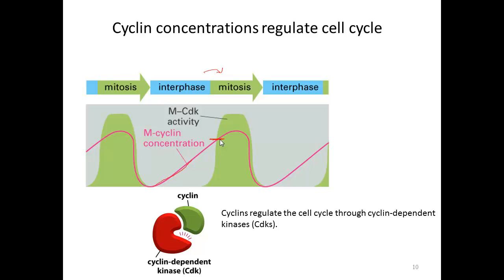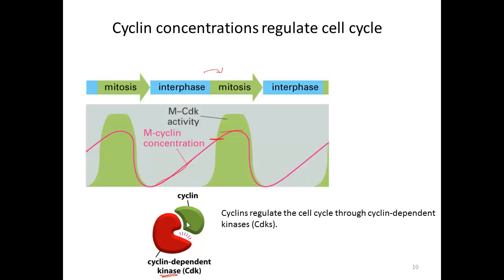When it reaches a certain threshold level, then it will activate the cyclin-dependent kinase, and this kinase will phosphorylate a number of target proteins which will start the transcriptional machinery needed for all the proteins to be made required by mitosis.